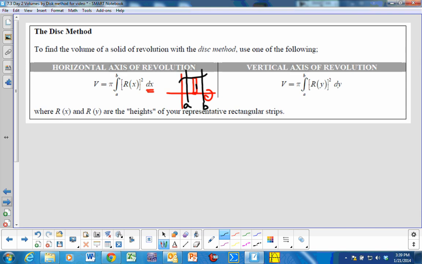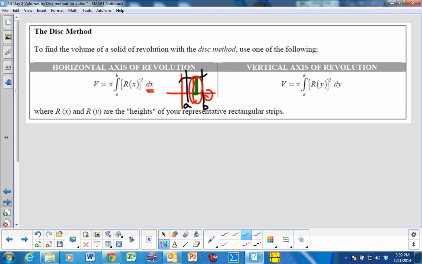Whatever my region might be, this is the height of it, where my rectangle is. And the radius of your cylinder, as you revolve it around, you have to imagine your cylinder coming around here, and then you have the back side. So here's one representative cylinder, and then there will be infinitely many of them. The radius of that is simply going to be from the x-axis that we're revolving around up to the function.